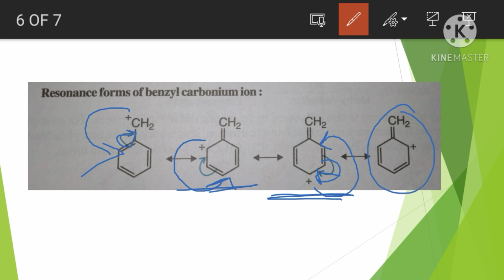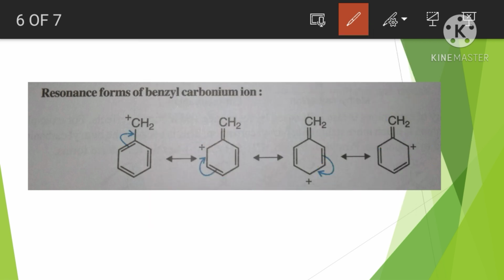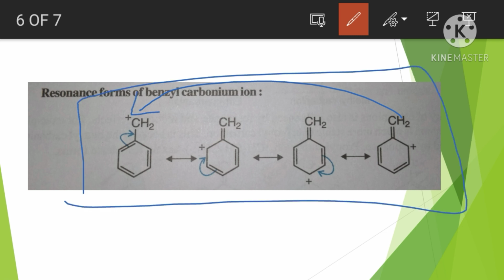Here also this bond will be shifted to this carbon atom, and this charge is shifted to this carbon atom, and finally we will get this form again. This is the resonance of the benzyl carbonium ion.